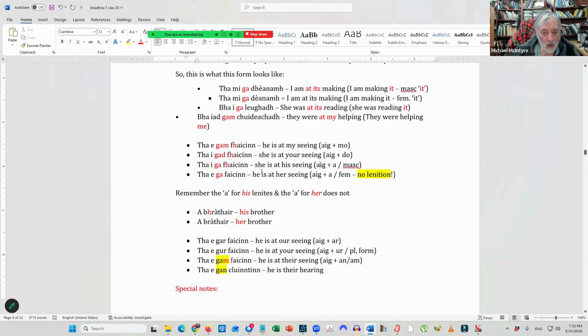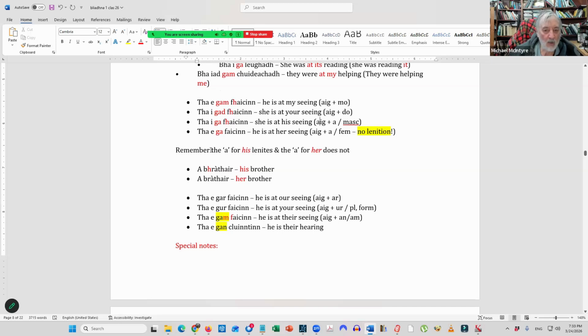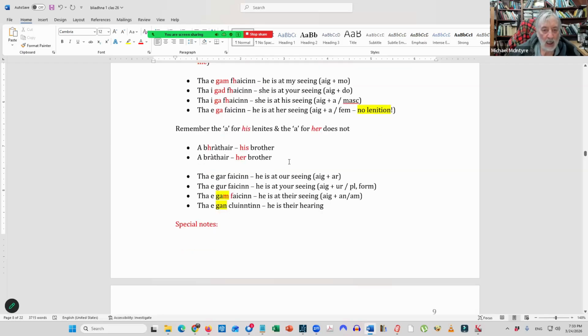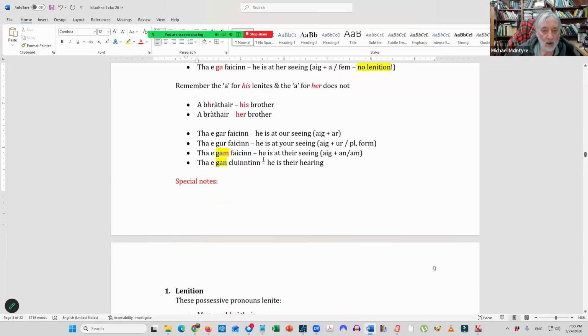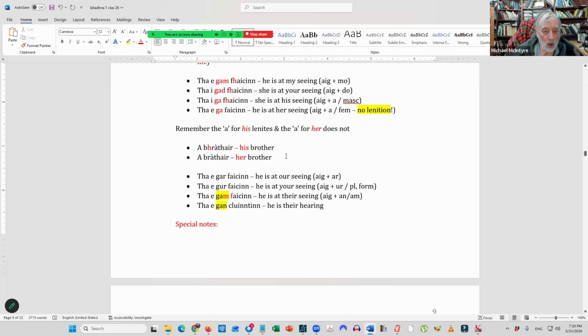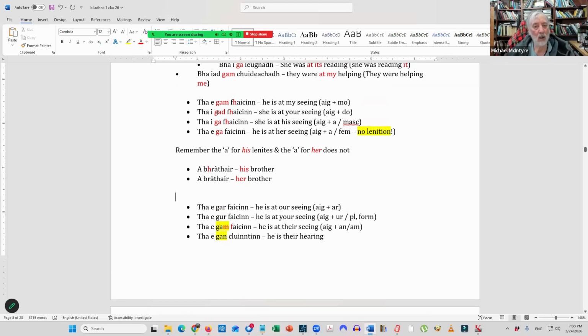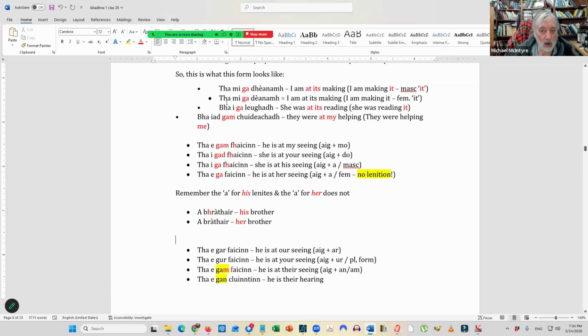You might have noticed a little odd shift here. Remember that the word for his lenites, while the word for her does not. For example, Avraher, his brother, Abraher, her brother. Now I want to point out the distinction, how this works.